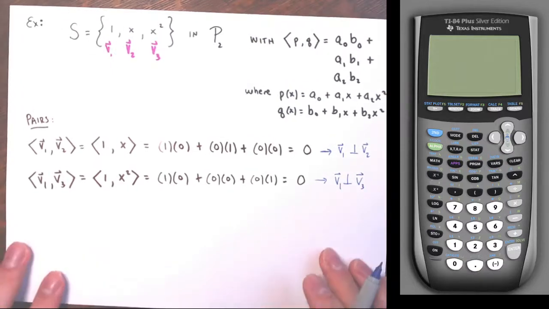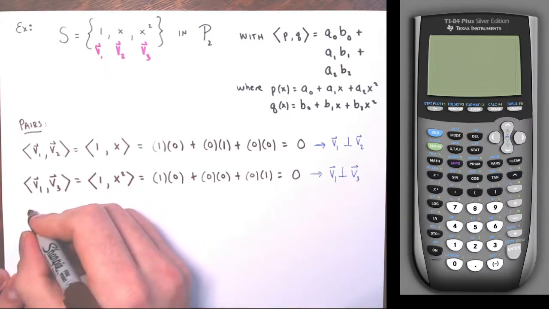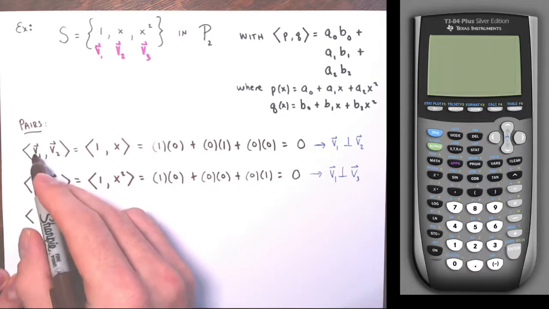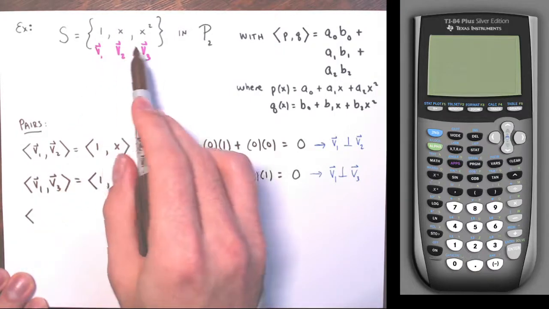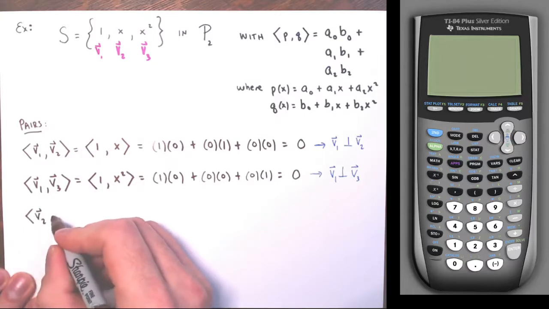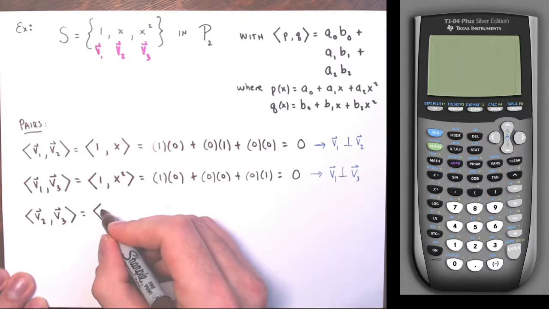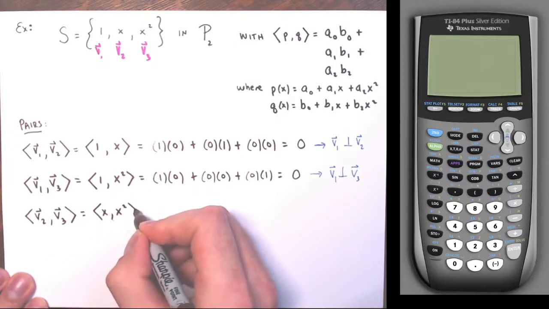So far so good. I just have one final pair to check. You've got to do every pair if necessary. That's V1 with V2, V1 with V3, and all that's missing now is V2 with V3, or the inner product of x with x squared.